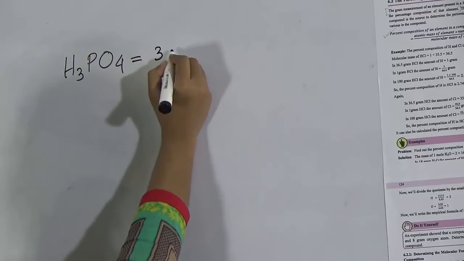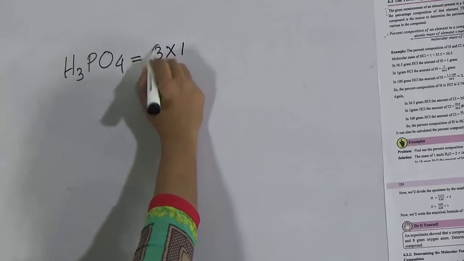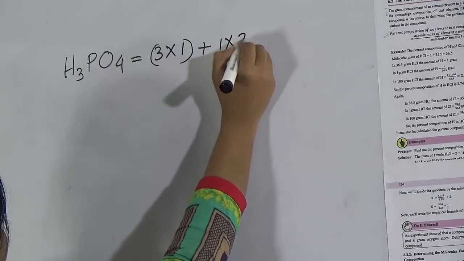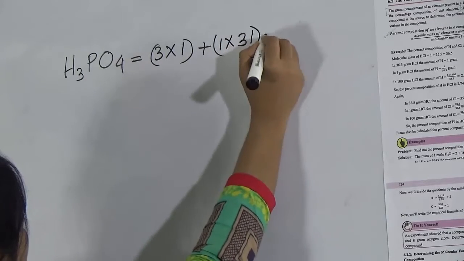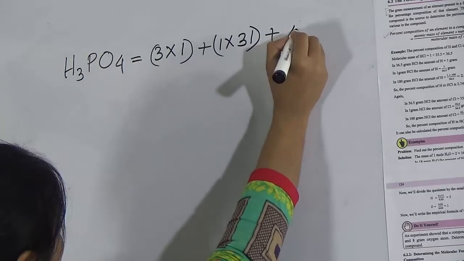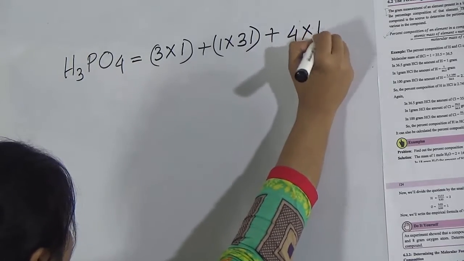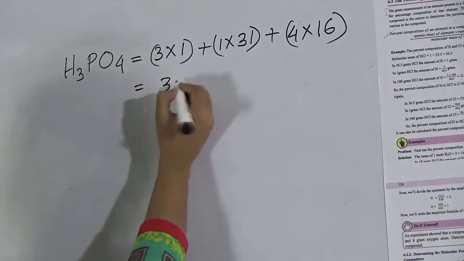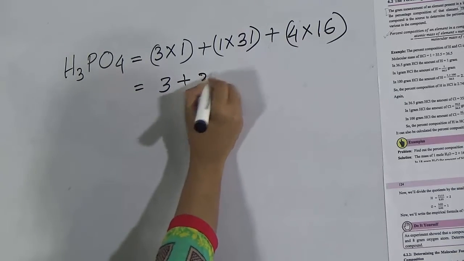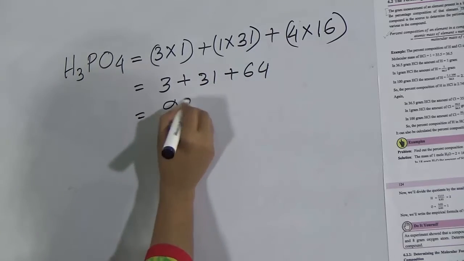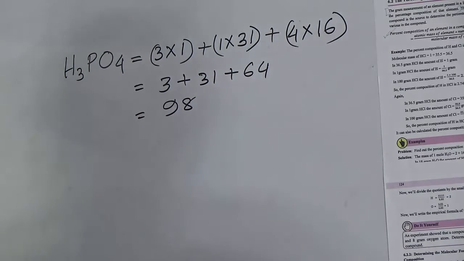Here, 3 hydrogen, and hydrogen's atomic mass is 1, so 3, plus phosphorus is 31, plus 4 atoms of oxygen, and atomic mass is 16. So 3 plus 31 plus 64 will be 98. So the molecular mass of the compound is 98.